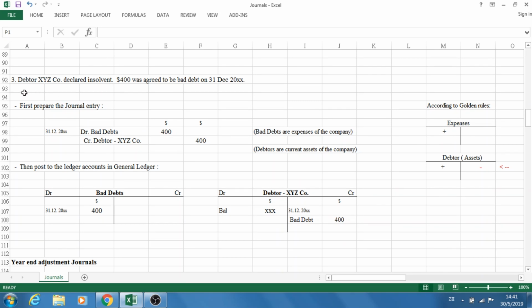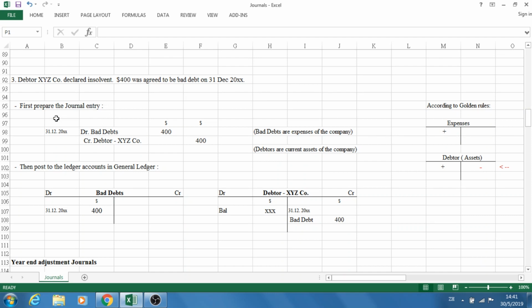That means this customer cannot repay its debt owed to your company. So according to golden rules, addition of expenses, that is the bad debt, should be on the debit side. Reduction of the debtor's debt owed to your company should be on the credit side.